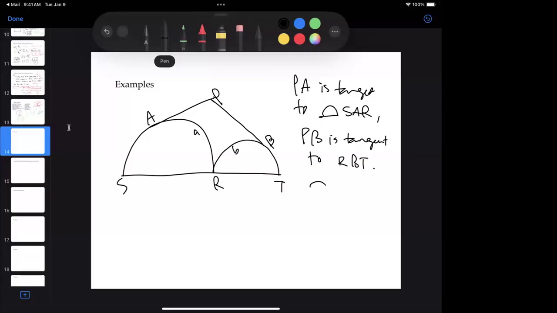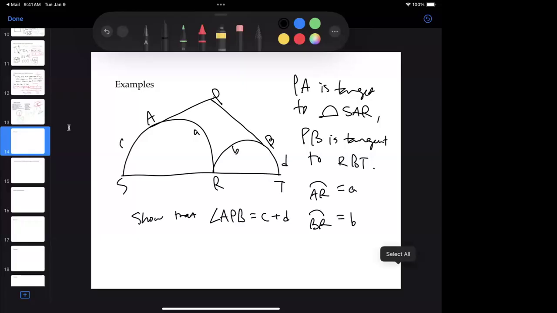And then minor arc AR is equal to measure A, and BR is equal to B. And we want to show that angle APB is equal to C plus D, and this is C and D.